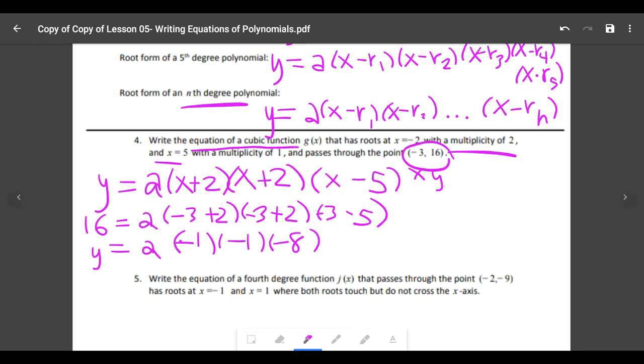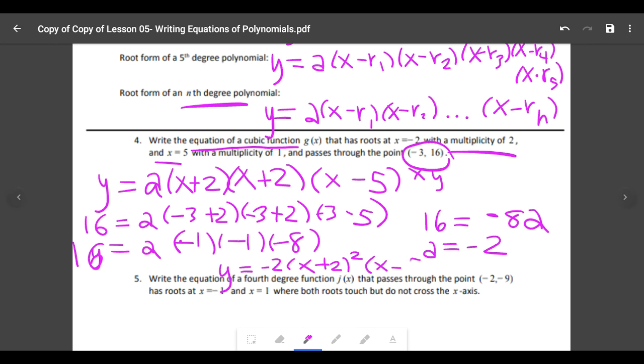So this ends up being, we plugged in 16 for that, 16 equals -8a. So that means my a is -2. So my final form for this is y equals -2, x plus 2, and if you want to get fancy, you could write it squared since it's repeated, and times x minus 5.